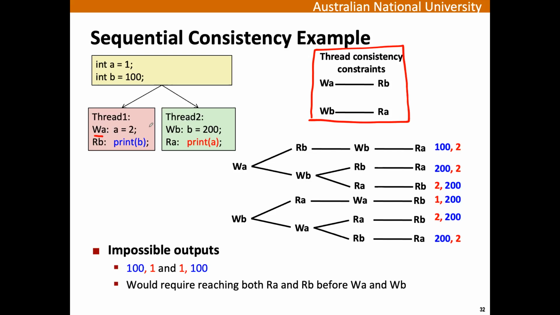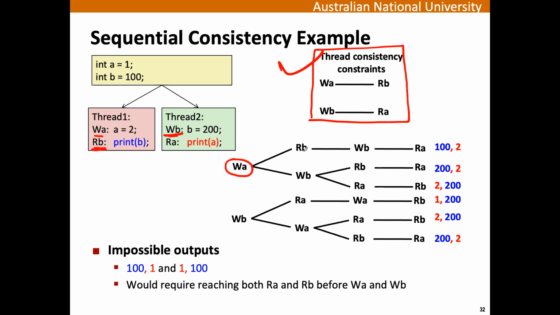So let's say this write happens first. I don't want to violate the constraints on the top right of the slide. If I don't want to violate those constraints, I have two options. I can execute this instruction, or I can execute this instruction.